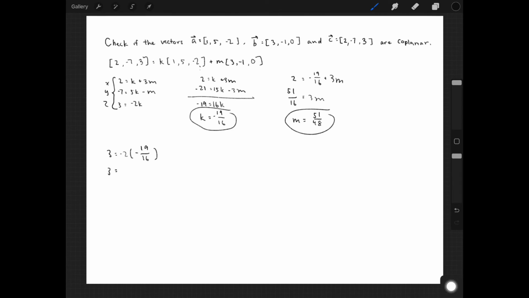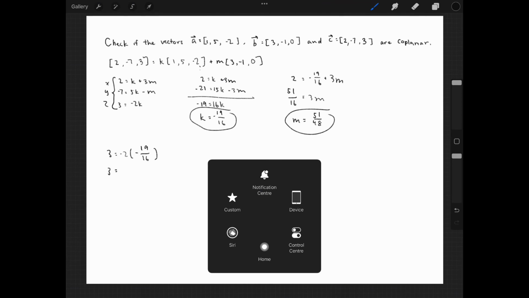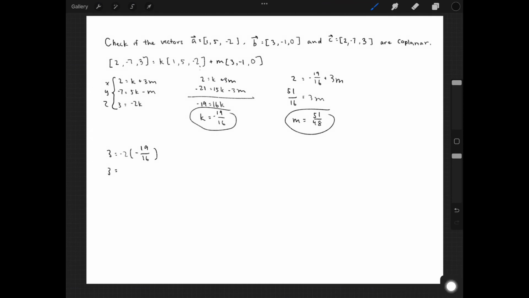And I think we can already see that it's obviously wrong. So -2 multiplied by -19 divided by 16. Yeah, so it's a bit off. So the system is inconsistent, meaning that these three vectors are not coplanar. So there you go, how to find if vectors are coplanar.